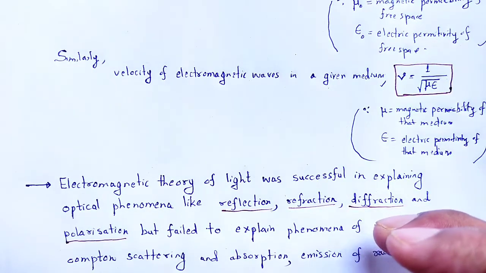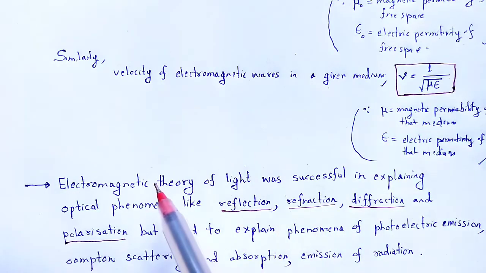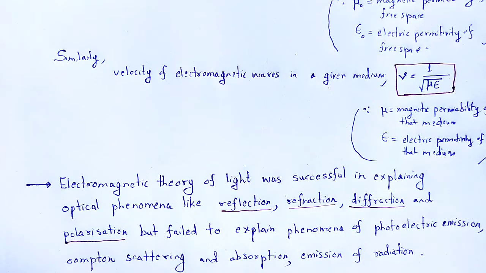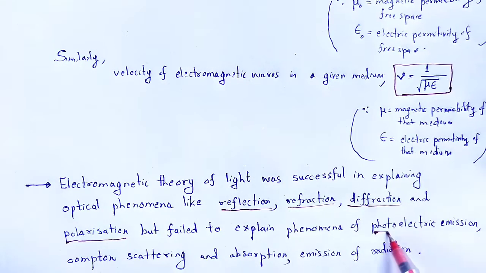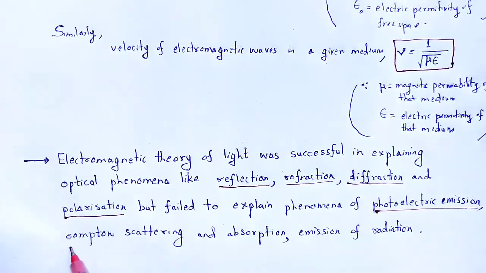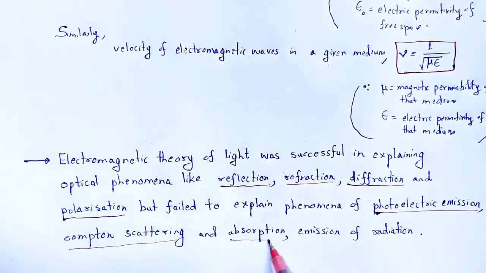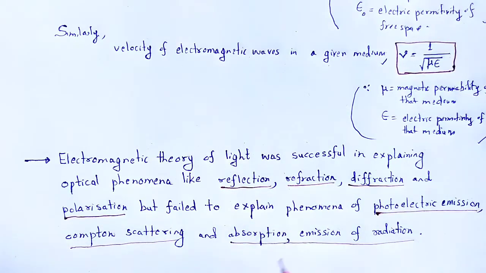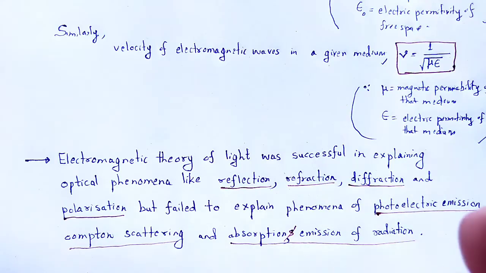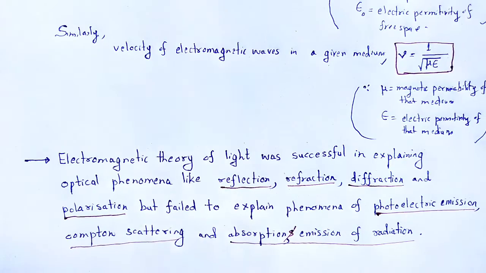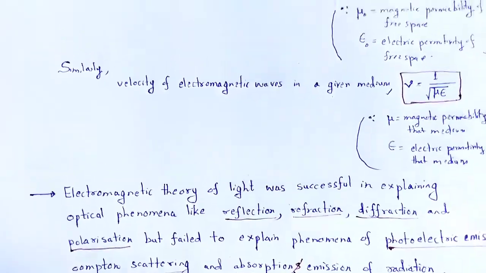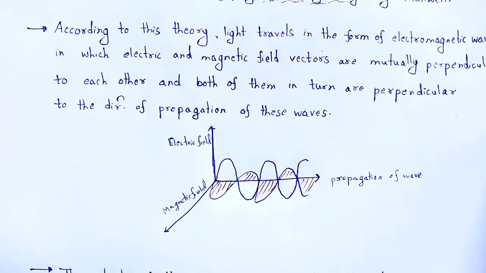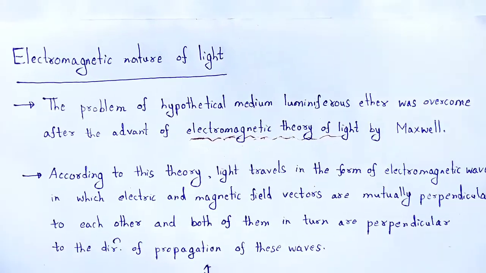These phenomena are easily explained by the electromagnetic theory of light, but it does not explain some phenomena like photoelectric emission, Compton scattering, and absorption and emission of radiation. Absorption and emission of radiations can't be explained by using the electromagnetic theory of light. These are some basic properties of the electromagnetic nature of light.